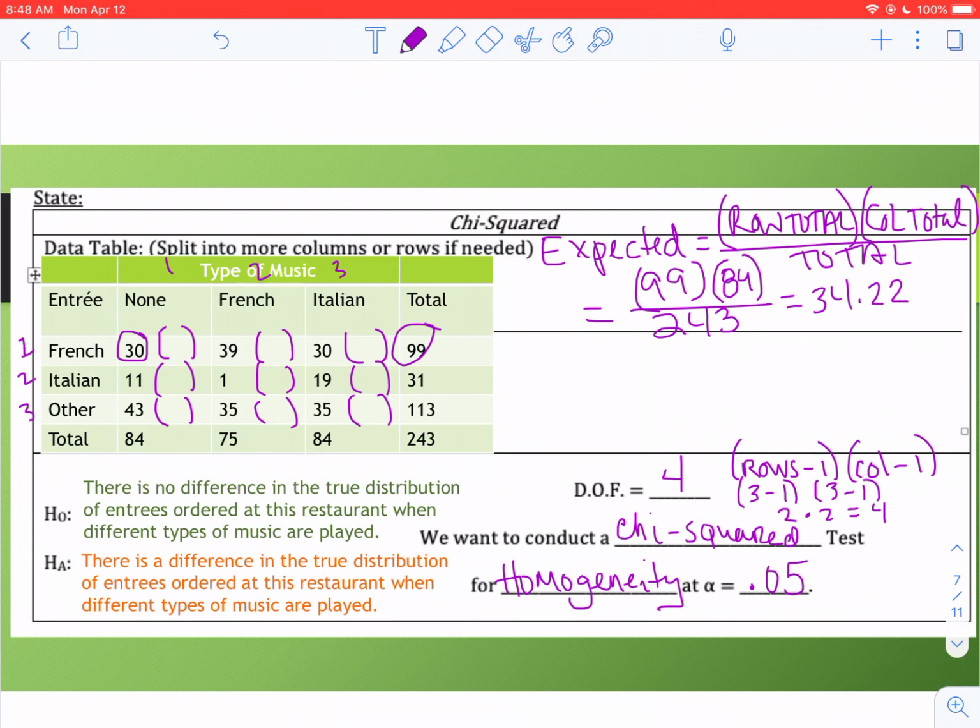I'm going to go ahead and write in all of the different expected numbers, but you should try to do at least some of them on your own to make sure you understand how to do that.